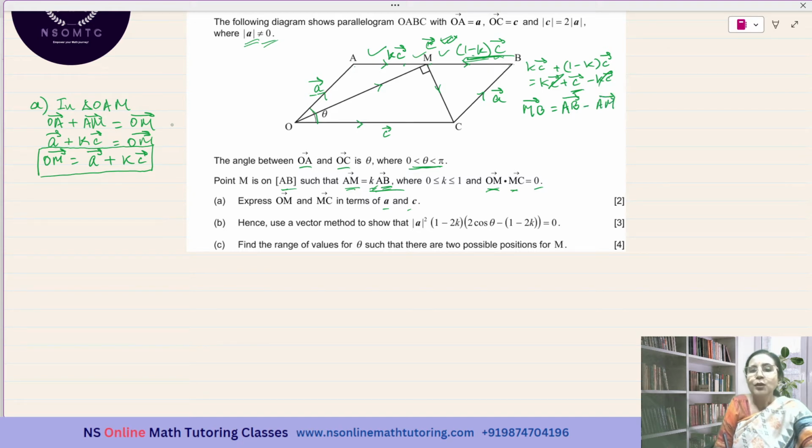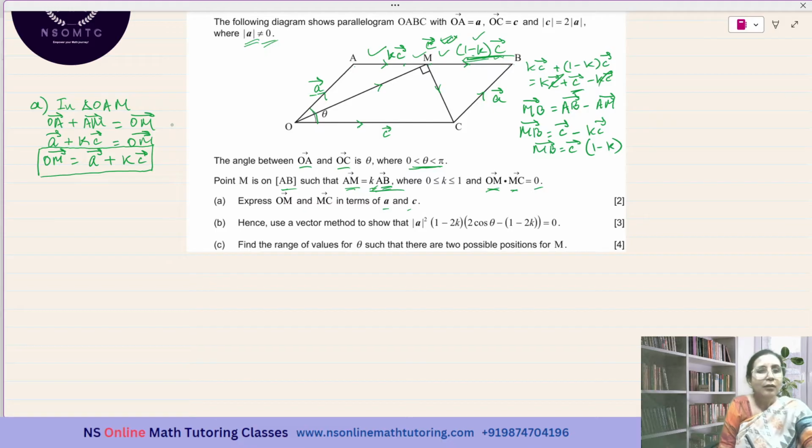So MB vector equals AB, which is c, minus AM, which is kc. If we take c common, it becomes (1 minus k) times c. So this is how I am coming to this expression for the MB vector.